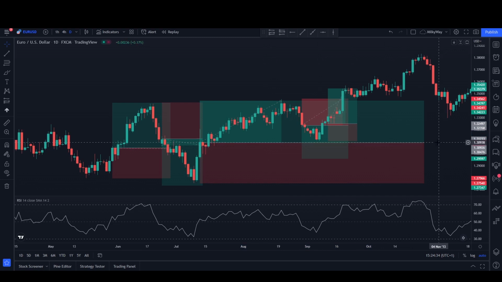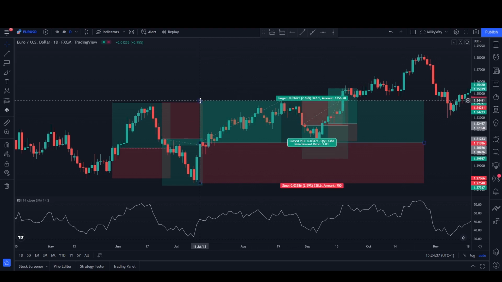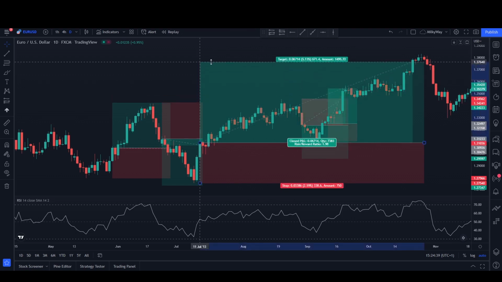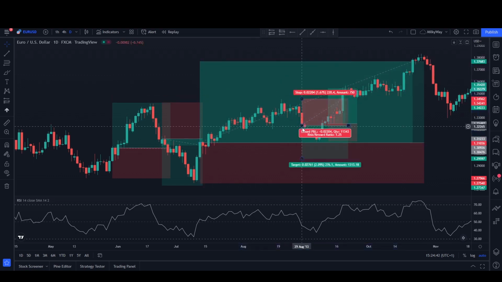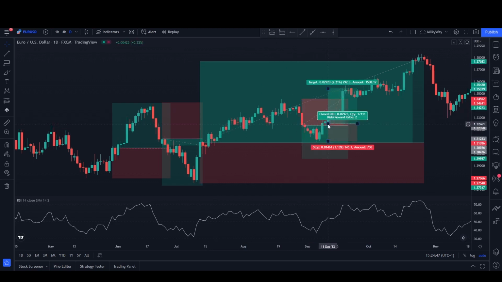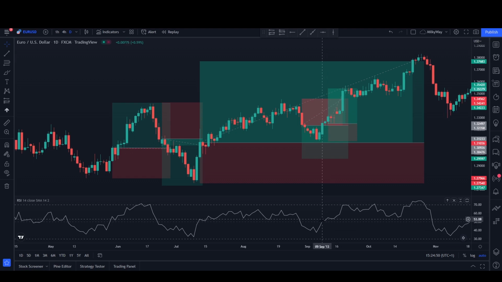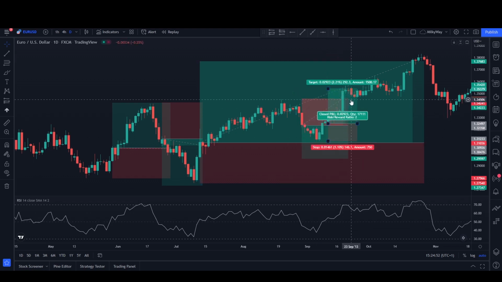However, we didn't get stopped out on this trade, so we went all the way to 1 to 2. We made a profit of 2Rs. Similarly, here we go short, that's a loss, and we go long again when the RSI becomes positive right here, and that's a 1 to 2 risk to reward trade, which is successful.